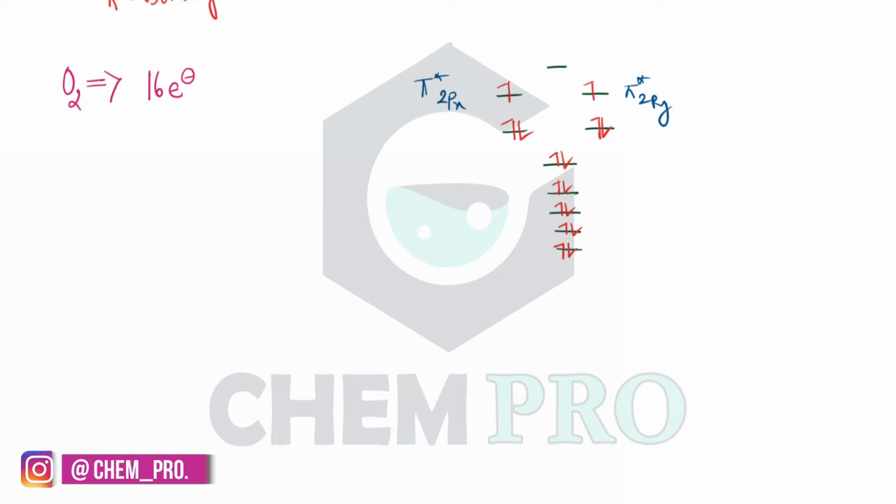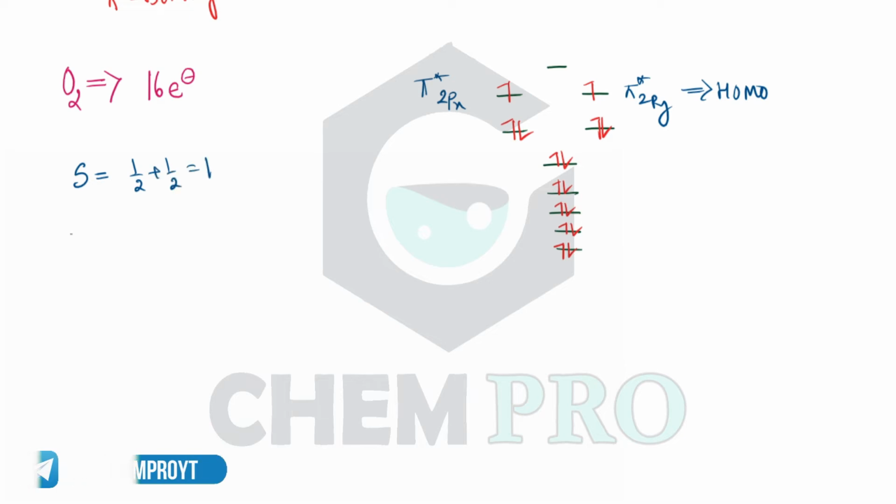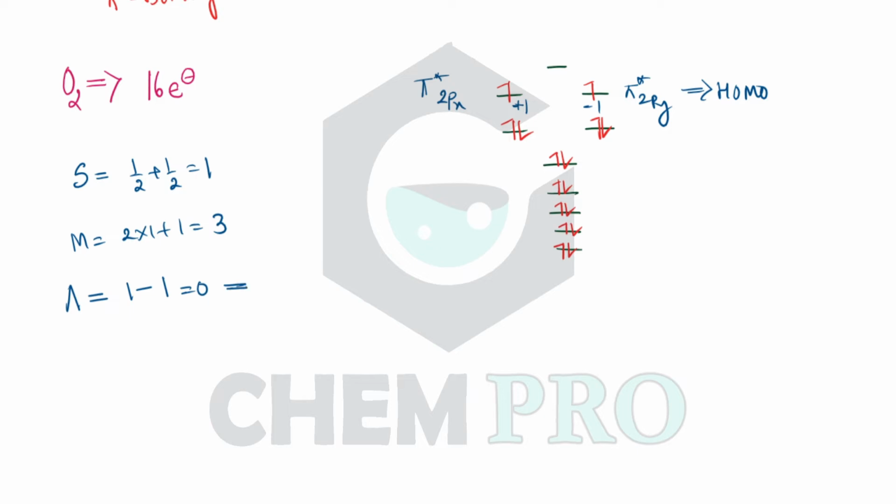Okay, and this is the HOMO here. So now the S is half plus half, that is 1, and multiplicity is 2 into 1 plus 1, that is 3. Now the lambda will be 1 minus 1, because this is plus 1 and this is minus 1. Okay, so 1 minus 1 equals 0. That means the term will be sigma here. And for the pi star orbitals, it is always gerade.